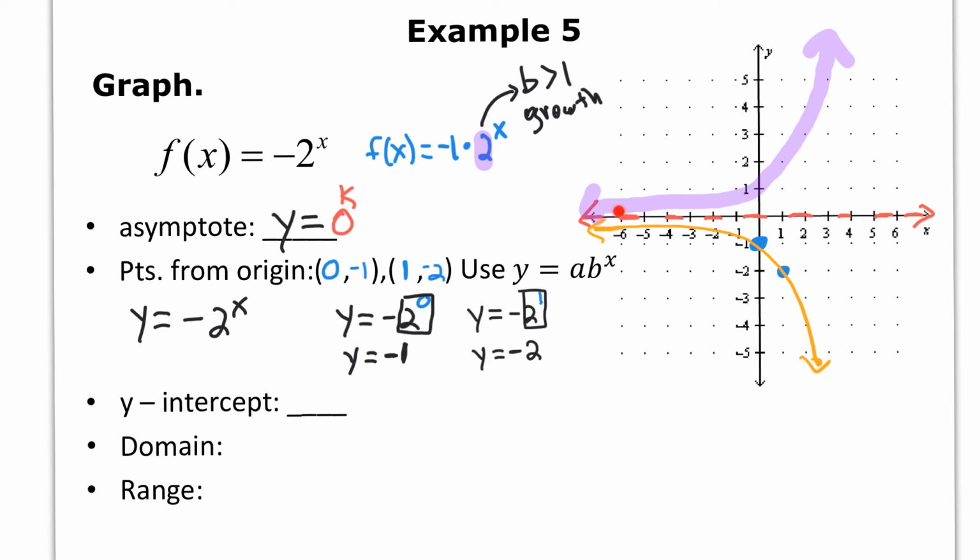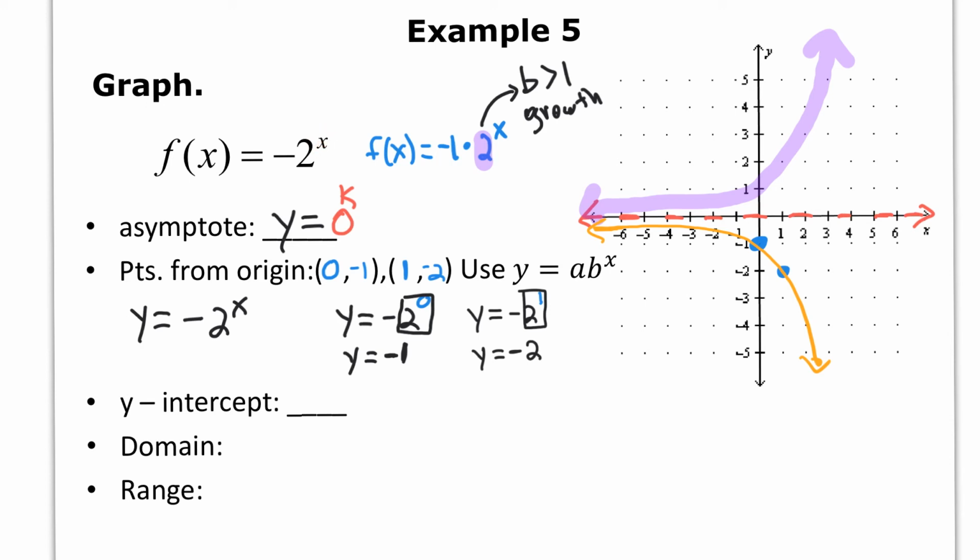The definition of the asymptote is the same. The graphs will never touch the asymptote, so don't try to connect the asymptote with the graph. But you have to be careful with the domain, especially with the range, when the graph is below the asymptote. Now let's go ahead and find the y-intercept. The y-intercept is when you substitute a 0 into the original function.